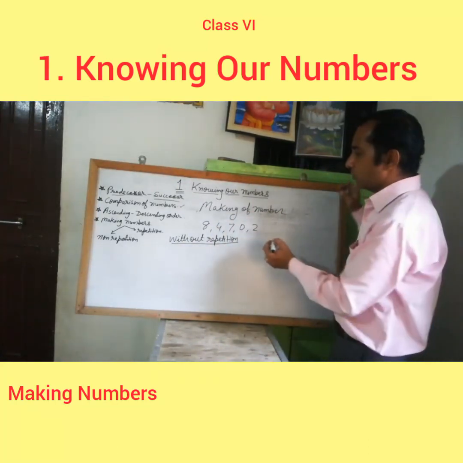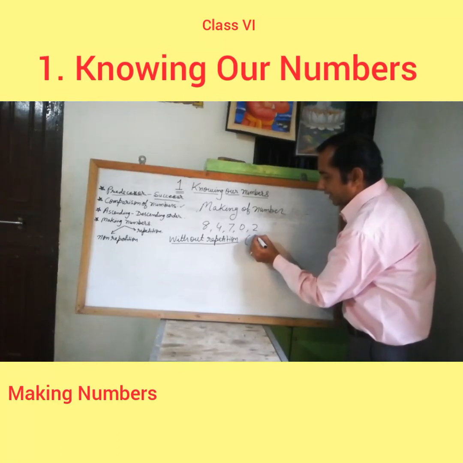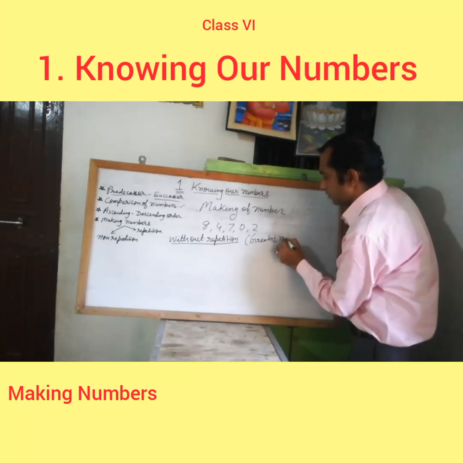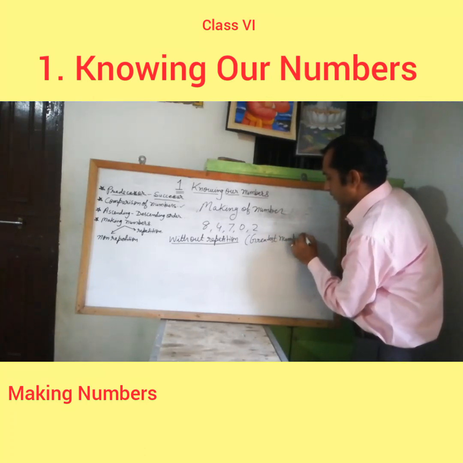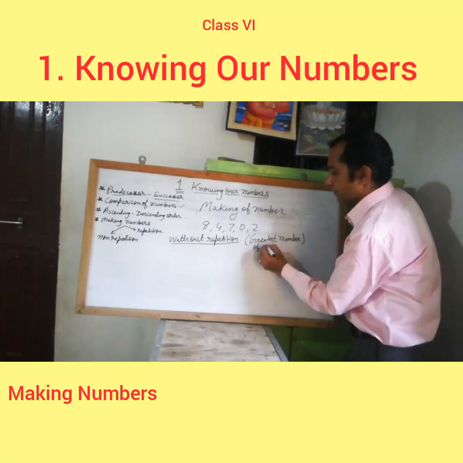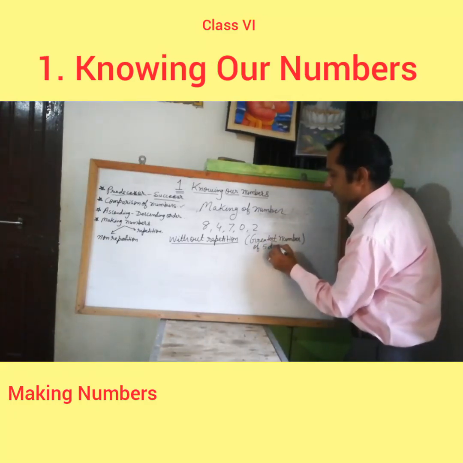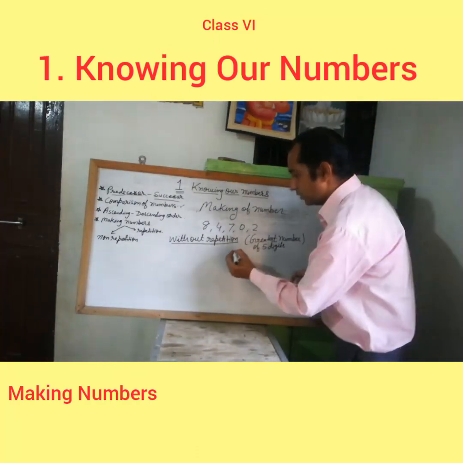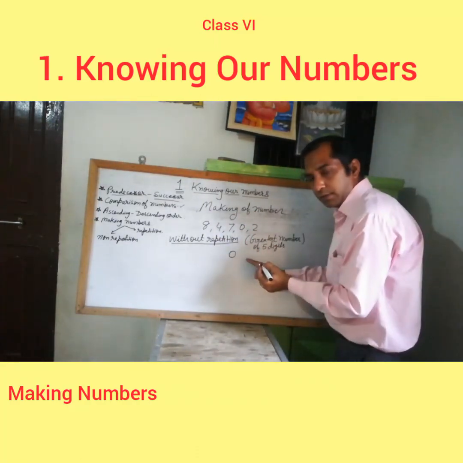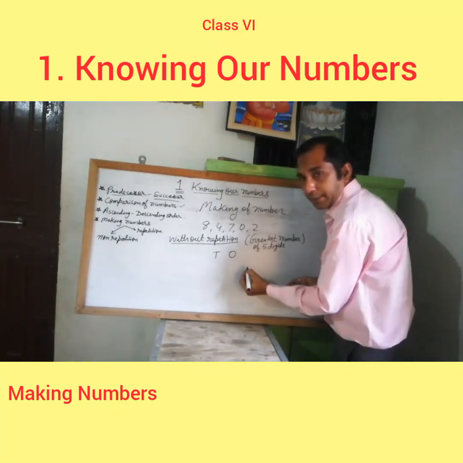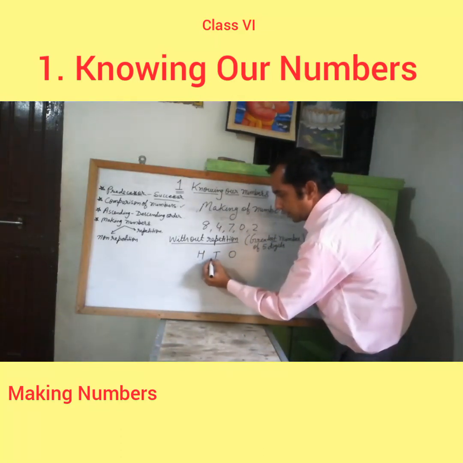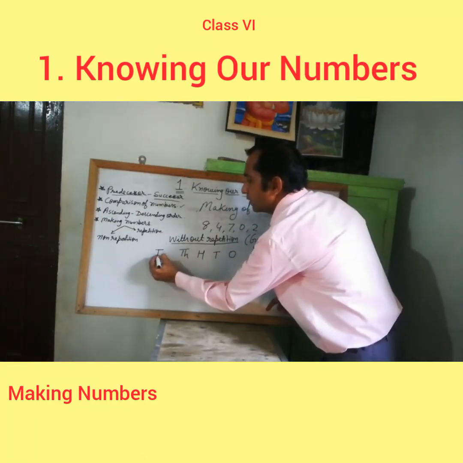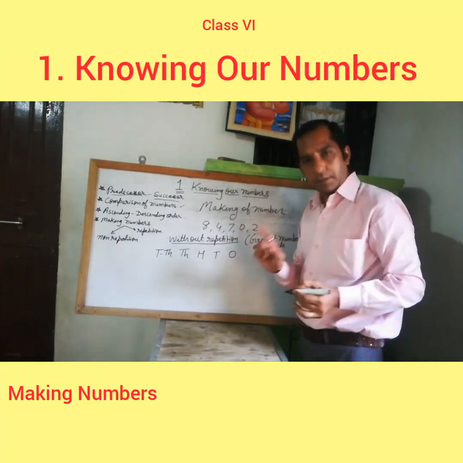Clear? Suppose we have to write the greatest number of 5 digits. Now you are all familiar with the ones, tens, hundreds, thousands, 10,000.